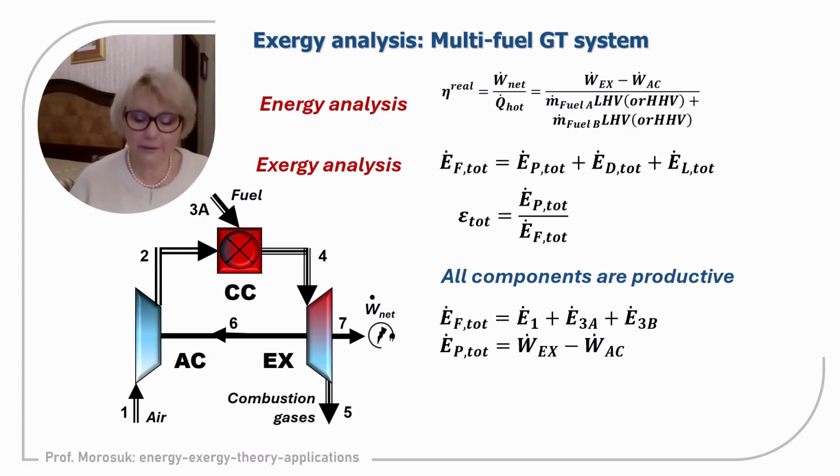Now we will discuss another possibility of operation of an open cycle gas turbine system, for example, a multi-fuel gas turbine system. At present, there is modern research on what are called multi-fuel systems. So using an open cycle gas turbine system, we will find what a multi-fuel system means and how it should be considered.